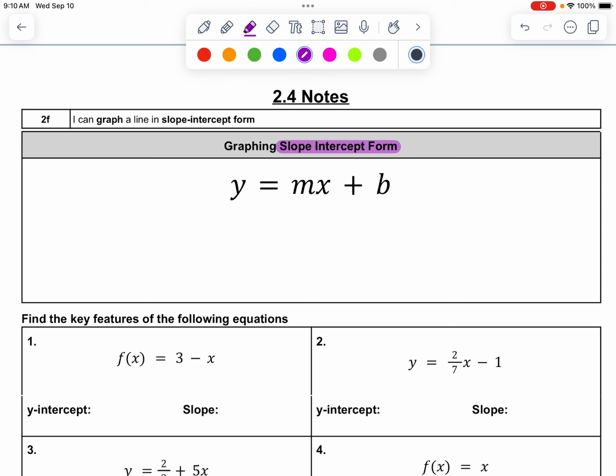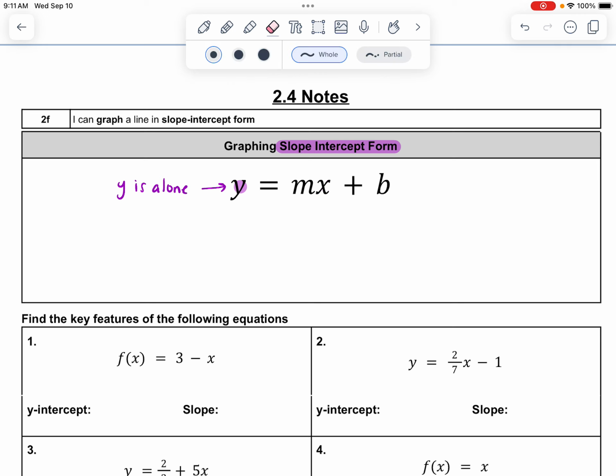The first thing you need to know about these equations is that every equation is going to have an x and a y. And really specifically here, the y is always alone when we are looking at slope-intercept form. If you ever see an equation where the y is not alone, then it is not slope-intercept form, and we cannot use today's strategy to make that graph.